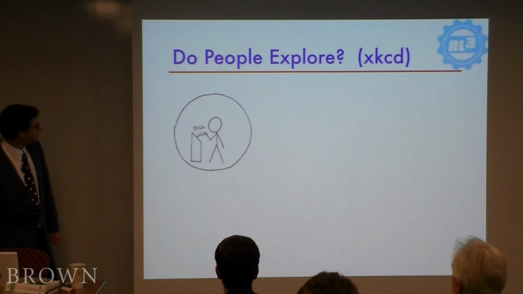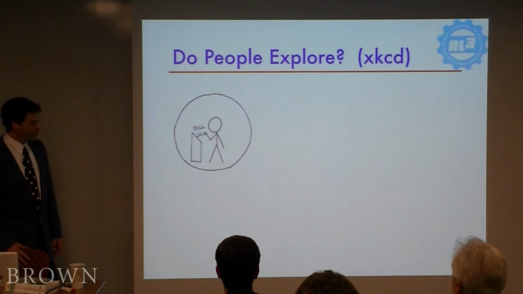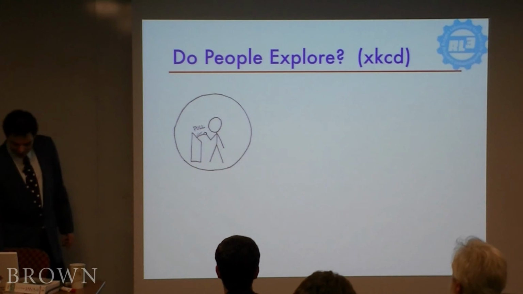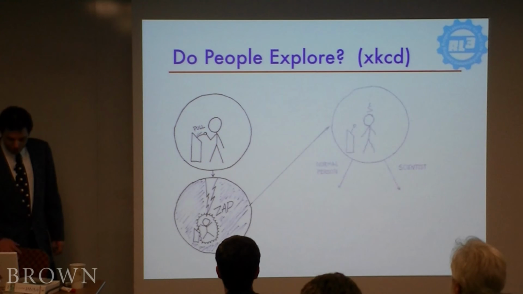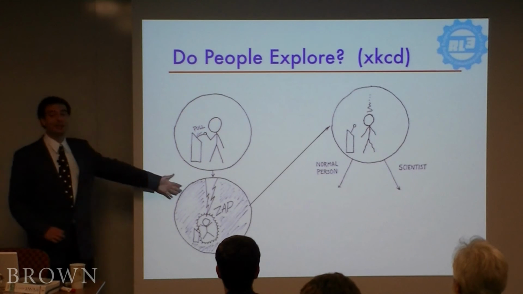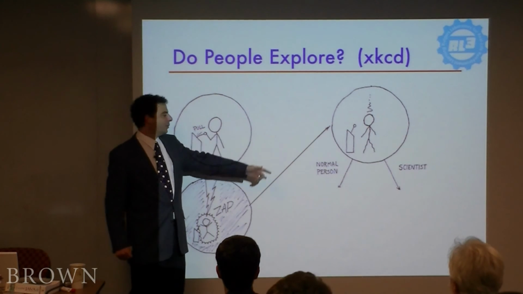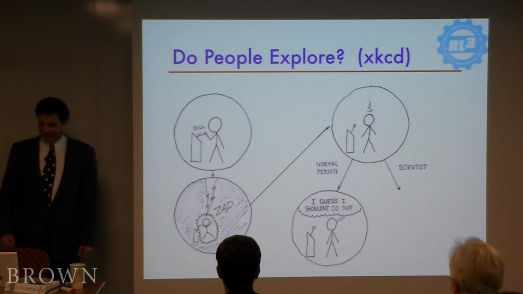And then here's the last little cartoon just to end things up. We just assumed that exploration is a good thing, but I saw this cartoon and it made me realize maybe it's not so much. So here's a person who finds a lever in the middle of nowhere, he's never seen it before, he pulls it, and he gets hit by lightning. Now this is perfectly reasonable so far, but the cartoonist says there's two kinds of people in the world. A normal person would conclude at this point, I guess I shouldn't do that.